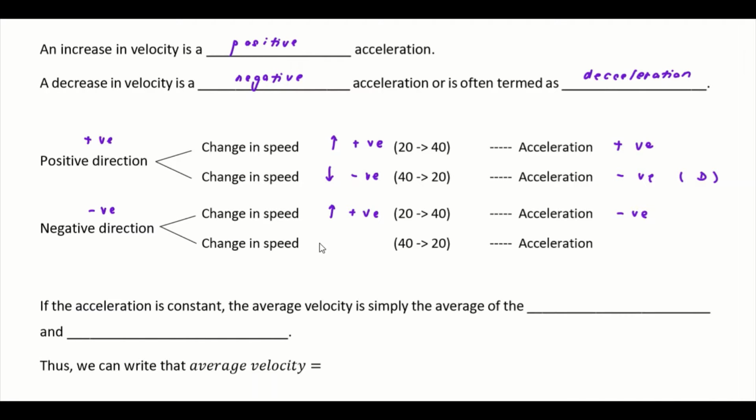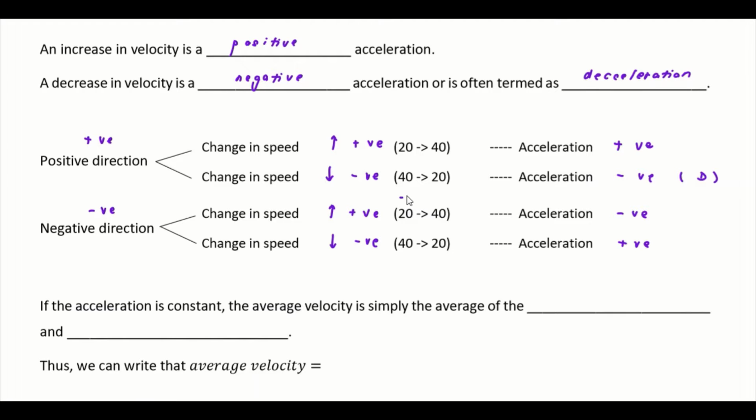The same thing applies to the fourth case. We can see that from 40 to 20, the change in speed is decreasing, so it's a negative number. If the change in speed is negative and is towards the negative direction, the acceleration will eventually become positive. You can always try to imagine it mathematically. If this is the negative direction, and we change the speed into negative velocity, what will happen?